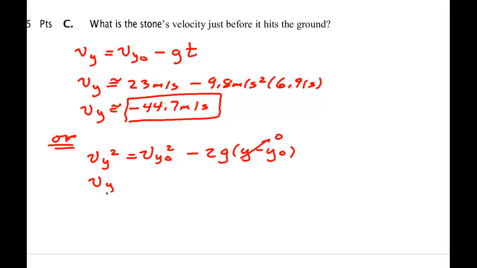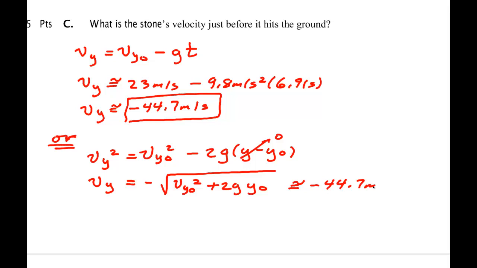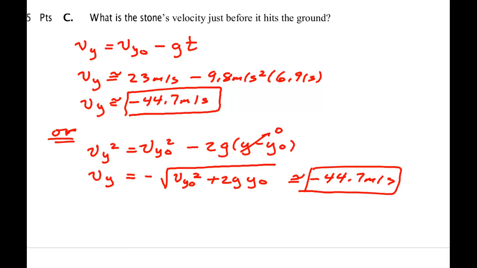Then Vy would be equal to the negative square root of Vy naught squared plus 2g y naught. Why the negative root? Because it's going down. So that gives the direction. And if you plug that in, you'll still get minus 44.7 meters per second. So you get the same answer either way, doesn't matter which way you do the problem.